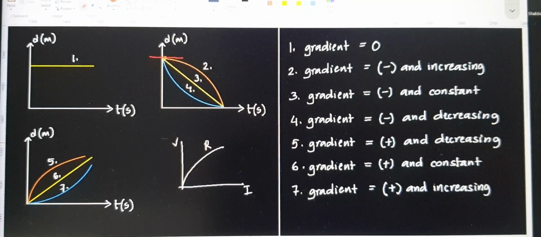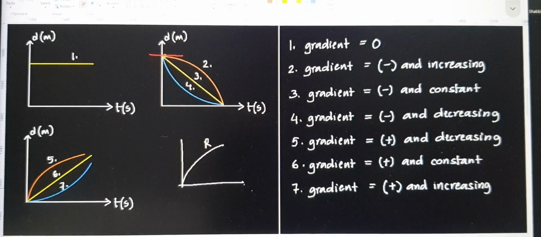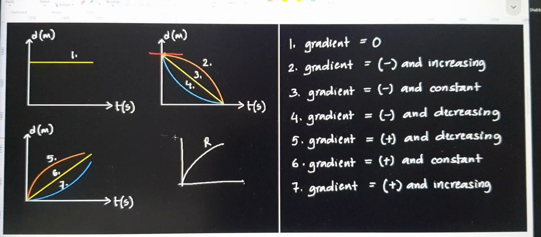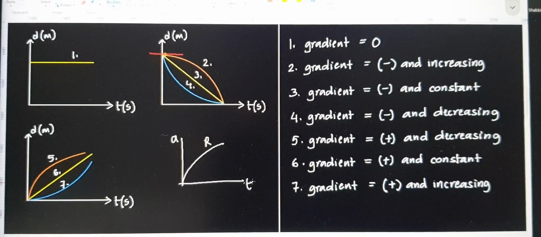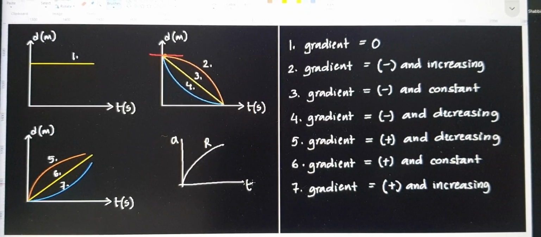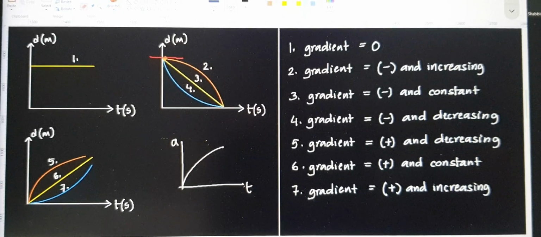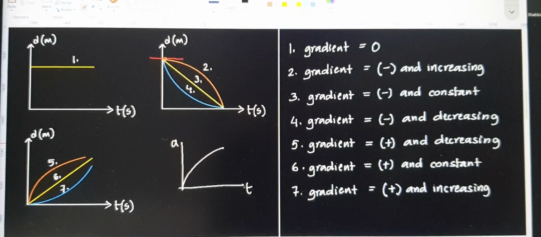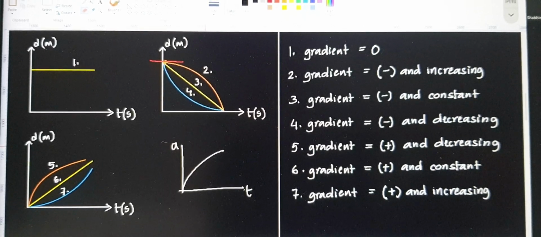আমরা যদি এখন এখানে acceleration versus time দেই, what does the gradient represent? Any ideas? Represents nothing. And how do you know?